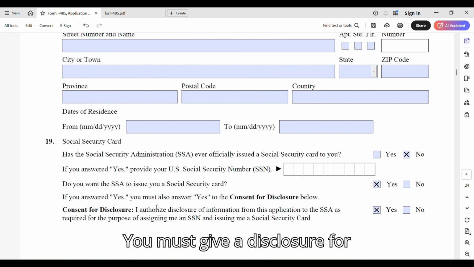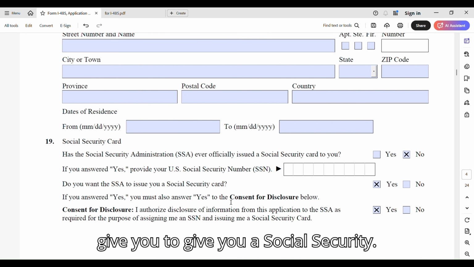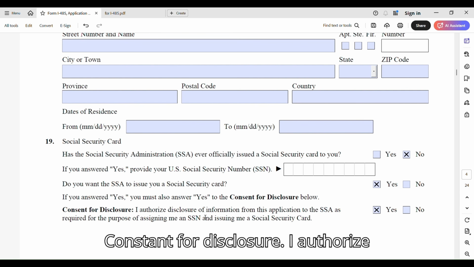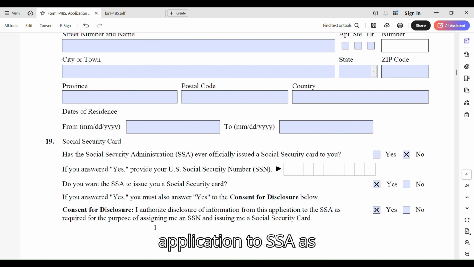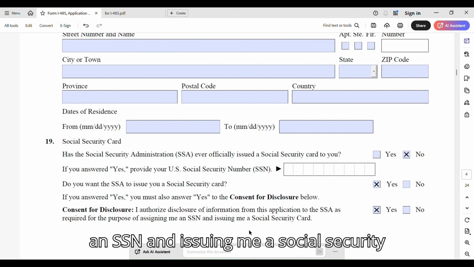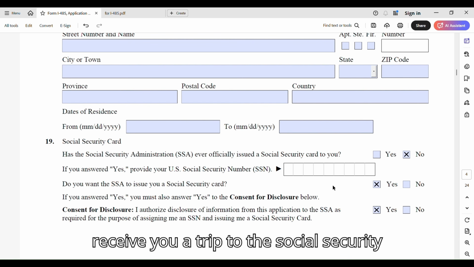You must give a disclosure for SSA to give you a Social Security card. Consent for disclosure: I authorize disclosure of information from this application to SSA as required for the purpose of assigning me an SSN and issuing me a Social Security card. In my case, yes. It's good to have this one checked because they will send your card to the Social Security office.